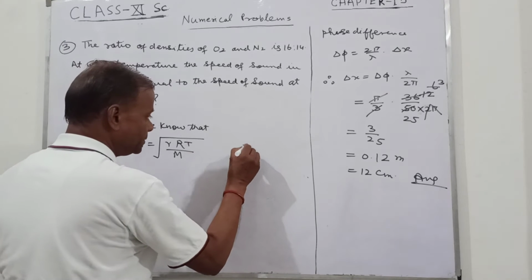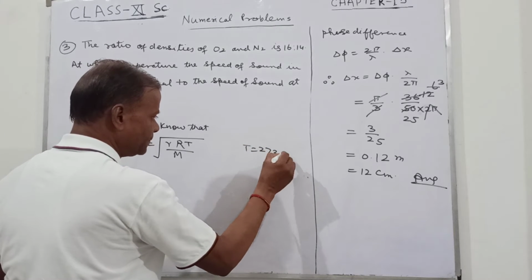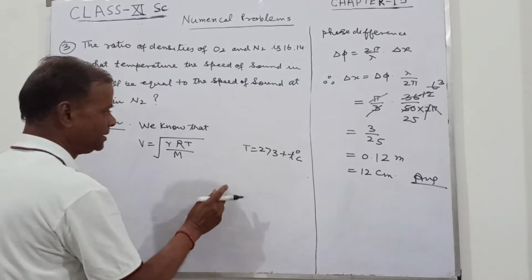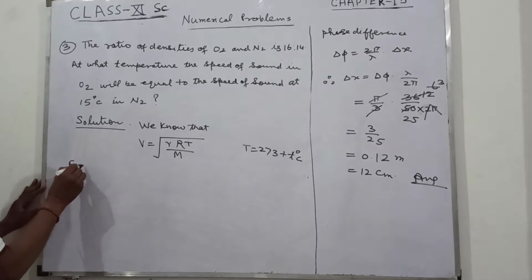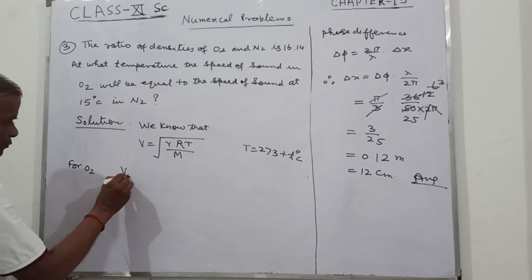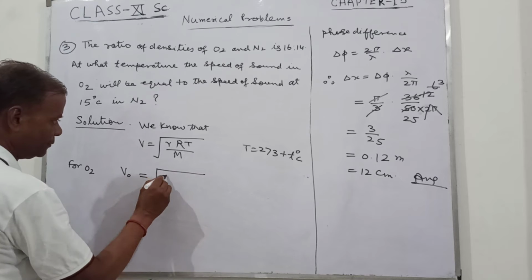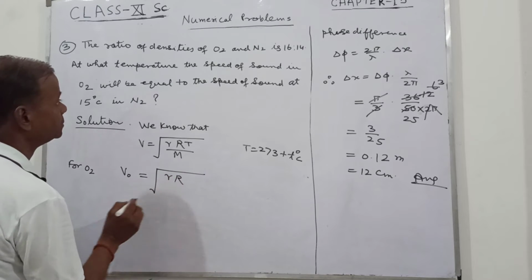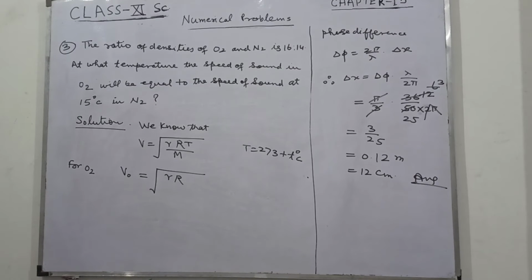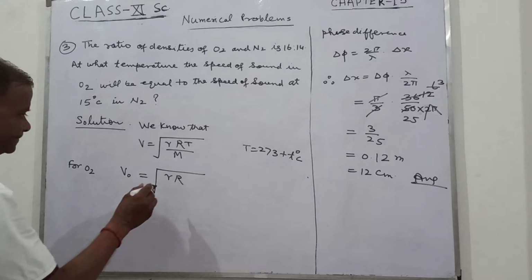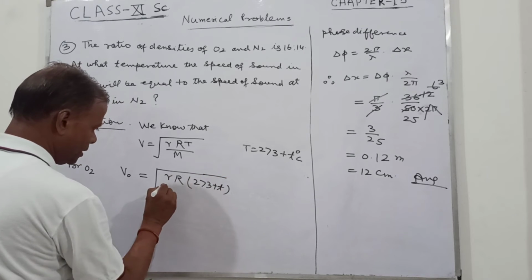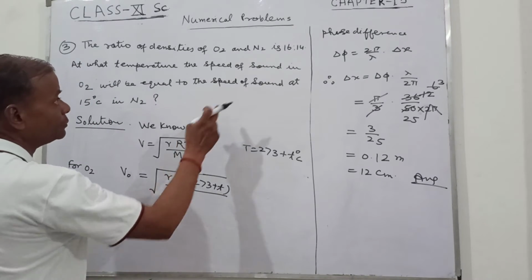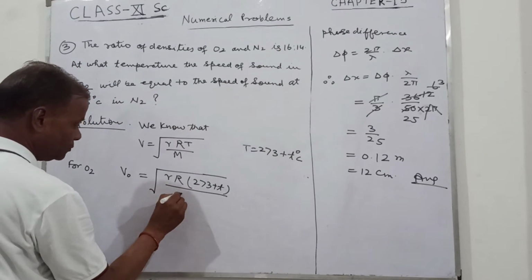And here T equal to 273 plus t degree centigrade, because this is the absolute temperature. So now for oxygen, VO equal to square root of gamma R into 273 plus T upon M. For oxygen, you are given the density 16, so this is now 32.